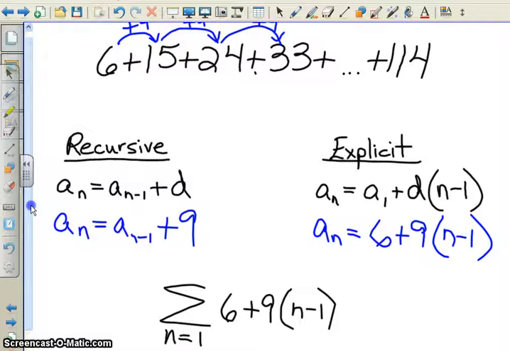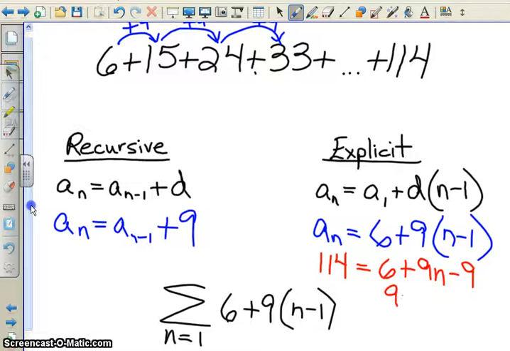So I could figure out the number of terms by actually listing all of these out, or I can use the explicit definition to figure that out, because I know the last term, my a sub however many terms there are, is 114, is equal to 6, plus distributing here would be 9n minus 9.